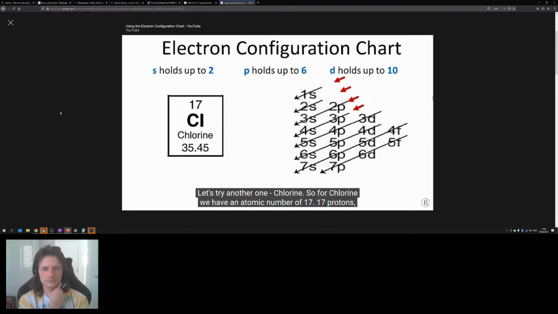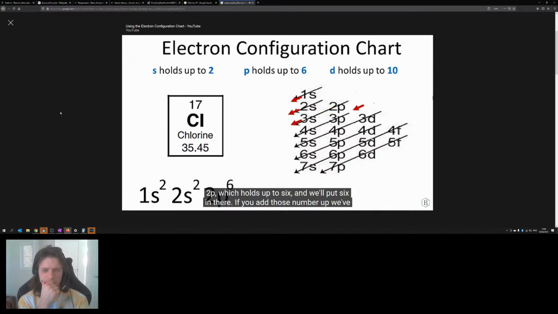Let's try another one, chlorine. So for chlorine, we have an atomic number of 17 protons, but importantly for us, 17 electrons. So we'll go down, we have the 1s, and that holds 2. We then have the 2s, that holds 2, since it's an s orbital. And then we'll go down 2p, which holds up to 6, and we'll put 6 in there.